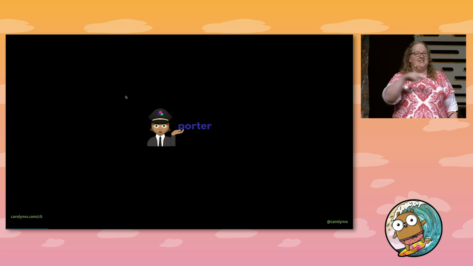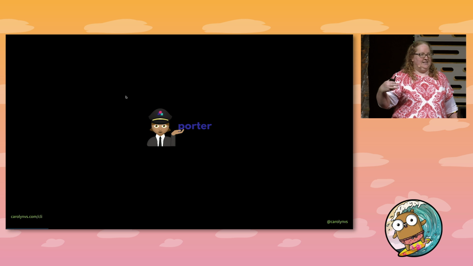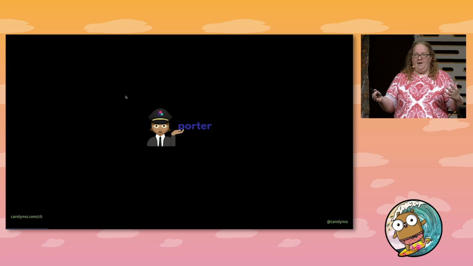And another one, this actually is the reason why we have this talk, is Porter. So when I said I've made mistakes, Porter was a brand new tool that I wrote a little bit at the end of last year, beginning of this year, in a brand new space, Greenfield, which was super fun.